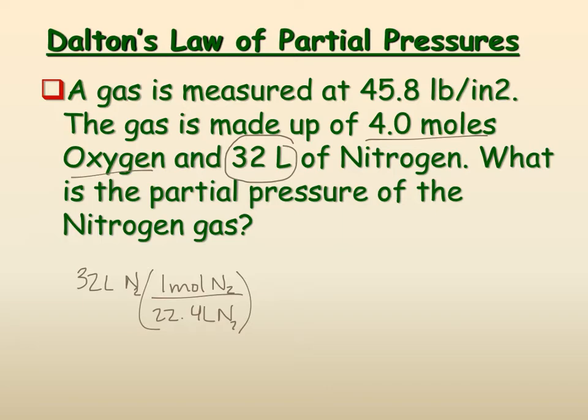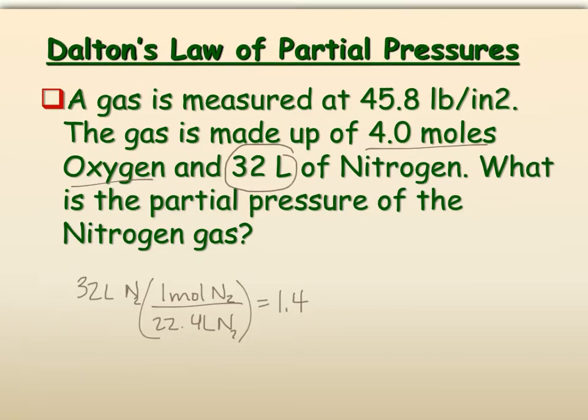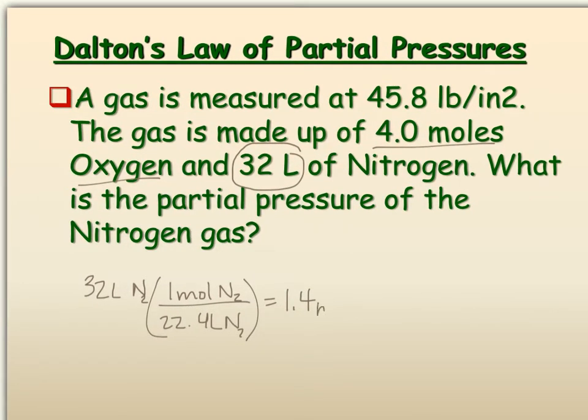Diatomic only affects your molar mass. And that ends up giving me, when I round to 4 sig figs, 1.4 moles of nitrogen gas.